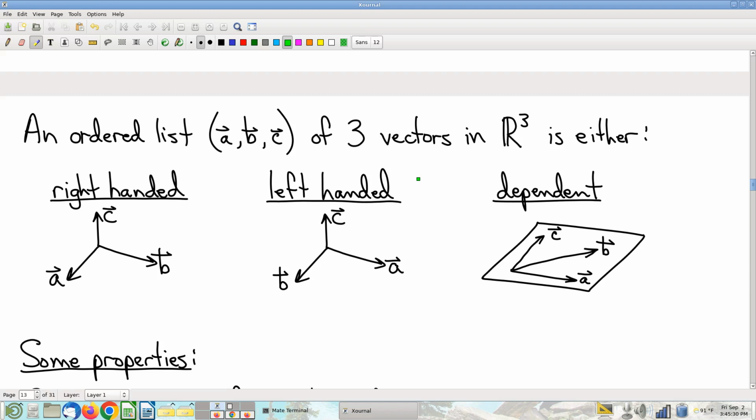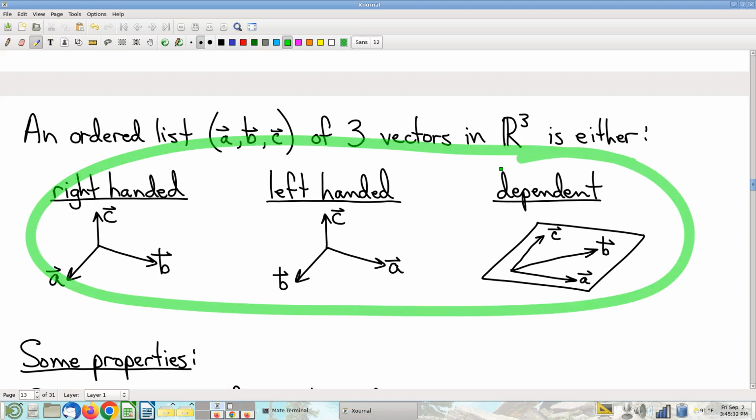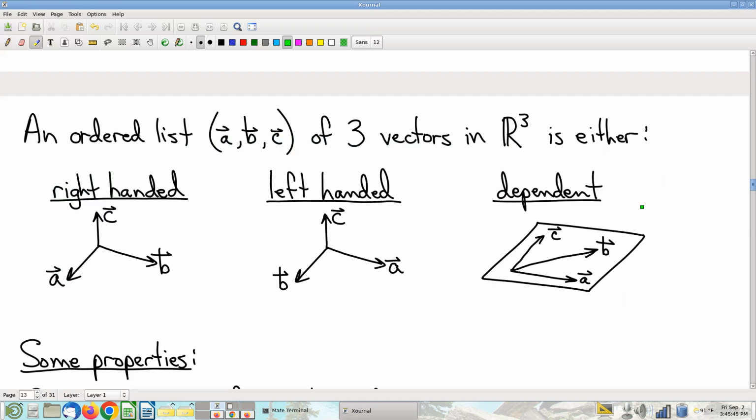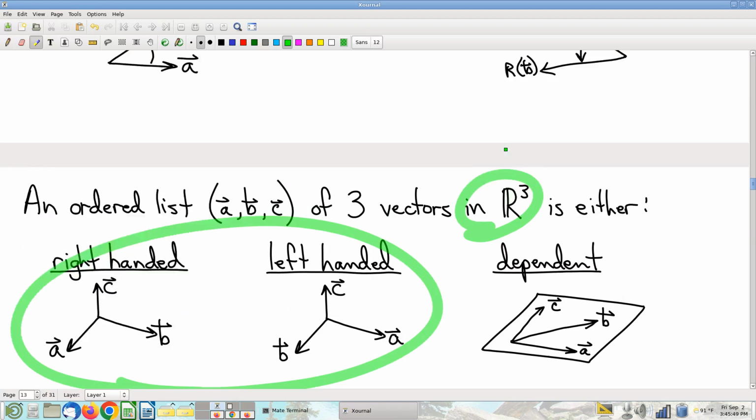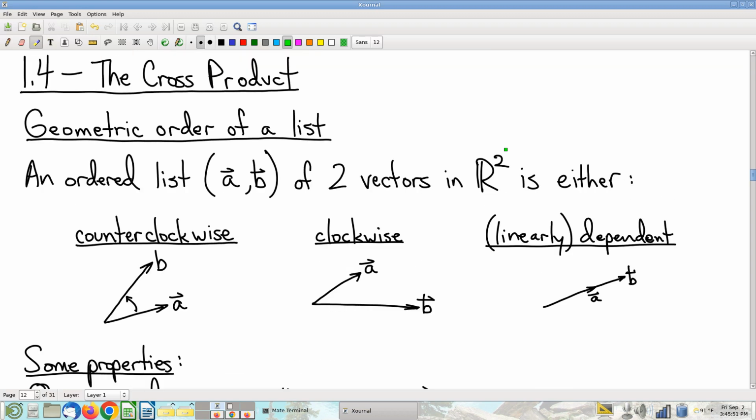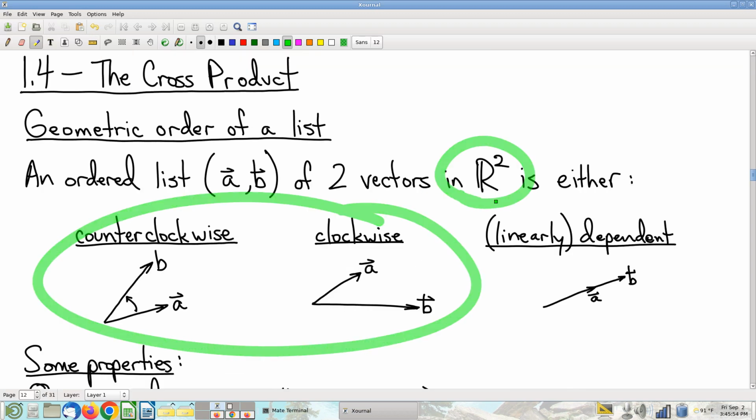Okay, how do y'all feel about these things here? Does that look good? Seems kind of a weird choice, but it is geometric. Got to give me that. And here's the really surprising thing about it. I claim that right-handed, left-handed in 3 dimensions is highly analogous to clockwise, counterclockwise in 2 dimensions.